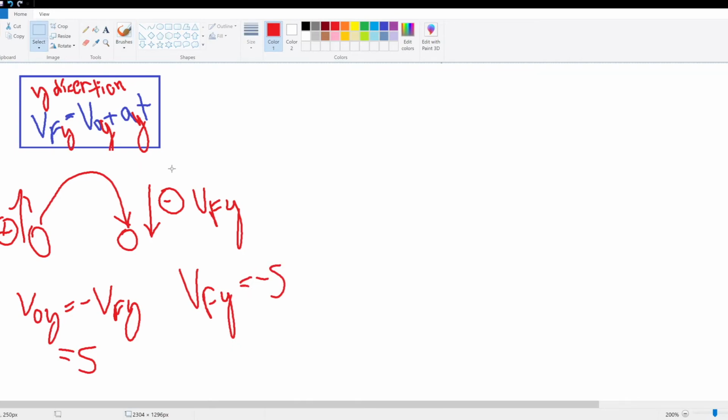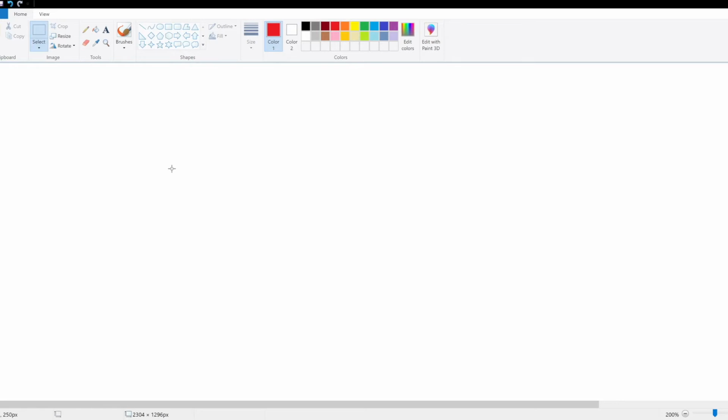Now, I'm gonna delete that. Okay. So now that we have that, let's plug in our stuff. Negative 5 is equal to 5 minus 9.8. Now, 9.8, you have to memorize this.